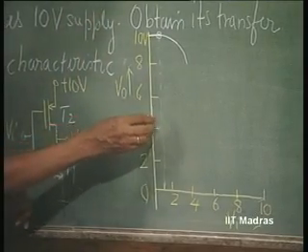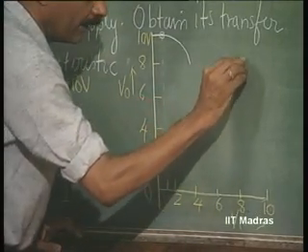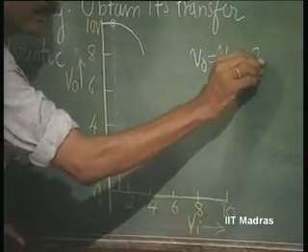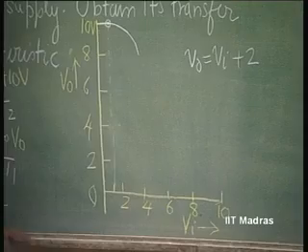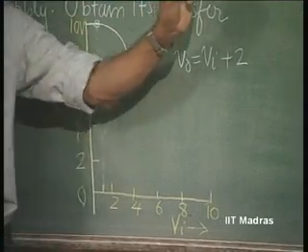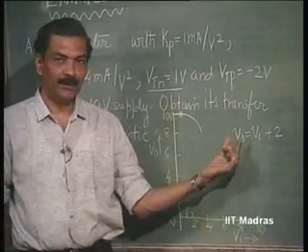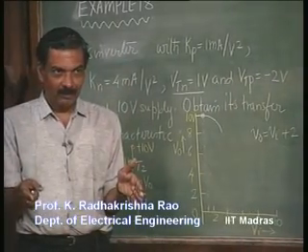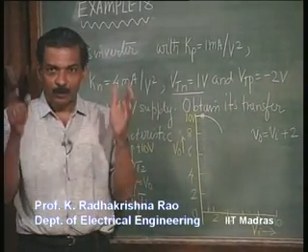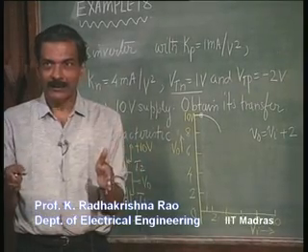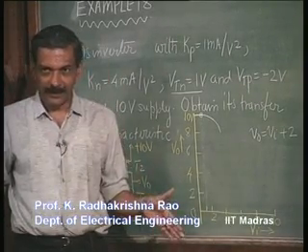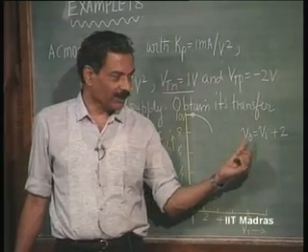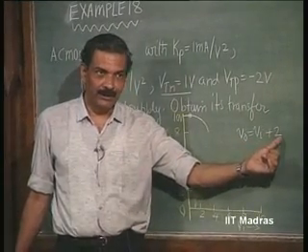And we have at a point V naught equal to Vi plus 2 volts, Vtp being equal to minus 2 volts, at a point when the magnitude of Vds becomes equal to the magnitude of Vgs minus Vt. So, that information gives us V naught equal to Vi plus 2 in this case.